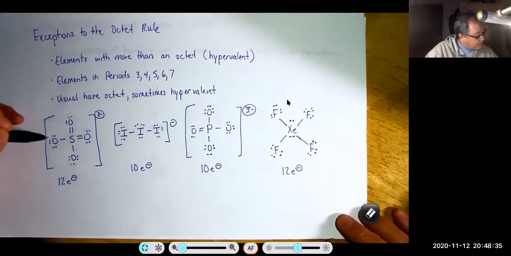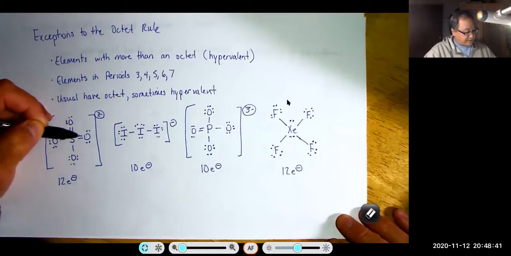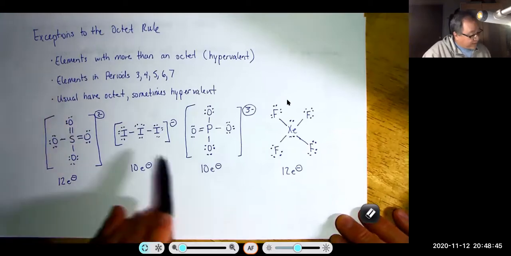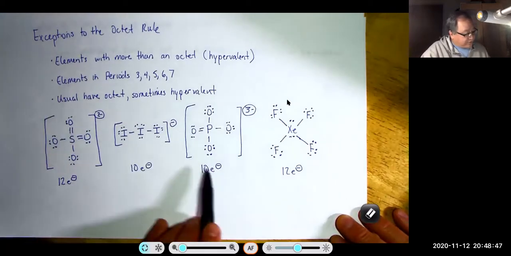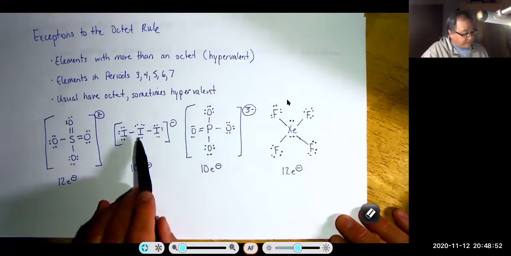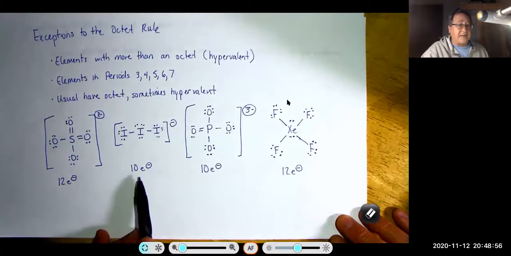However, if you look, each oxygen atom has 8. If we look at this I3 minus, you'll notice that the 2 terminal iodines have 8 valence electrons each, but the one in the middle has 10. So that's more than an octet.